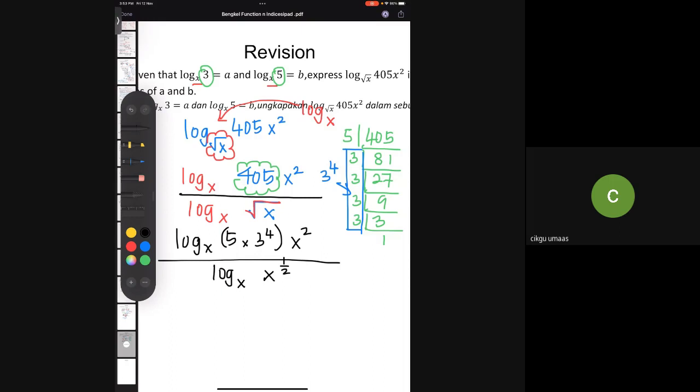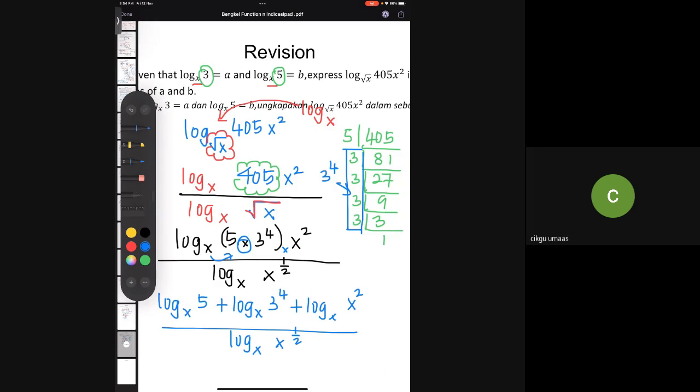Okay. Next is the matter of bringing in the theory or the log law. When log goes in, all the multiplication, you know this is also multiplication, will change to become addition. So I get log X 3 power 4 plus log X X to the power 2 over log X X to the power of 1 over 2.